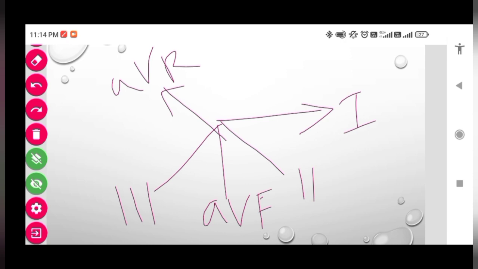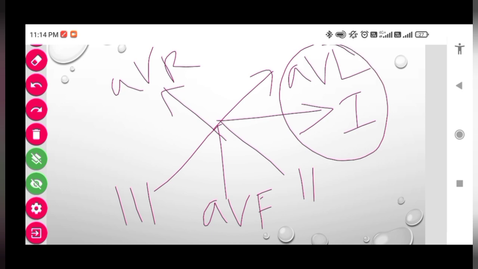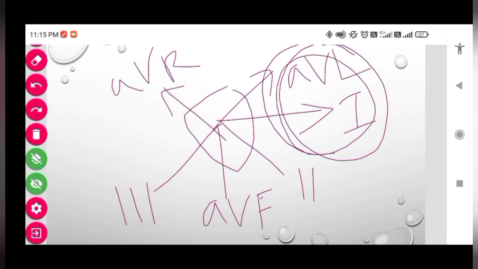If you see here, it is AVL. So AVL and lead 1 represent the lateral side of the heart. Okay. If you take this as heart, the lateral wall is represented by AVL and lead 1.